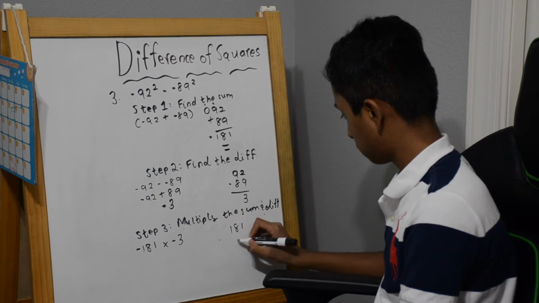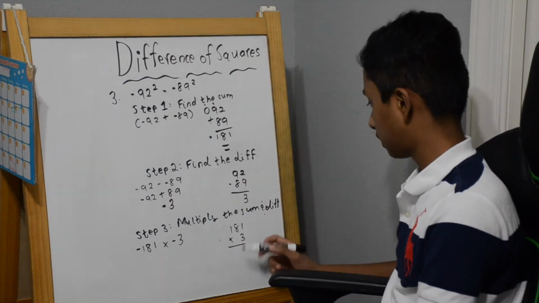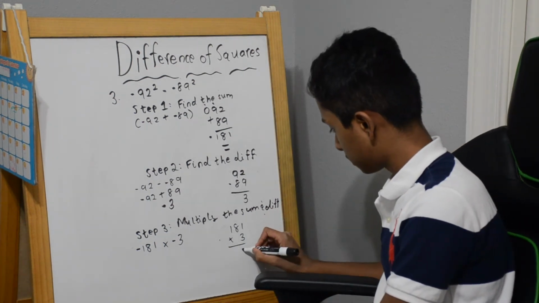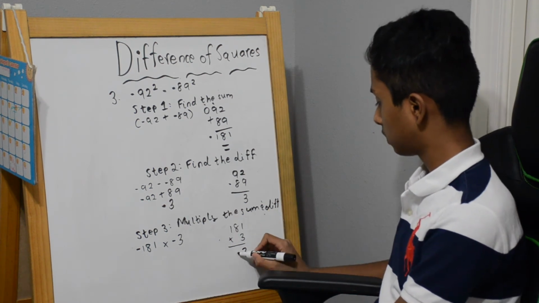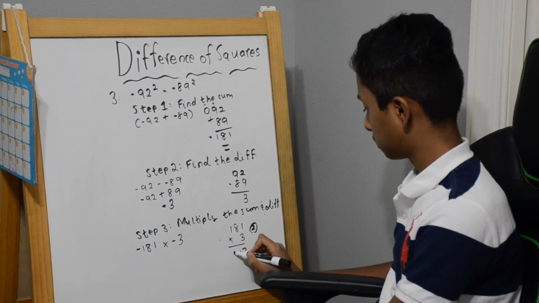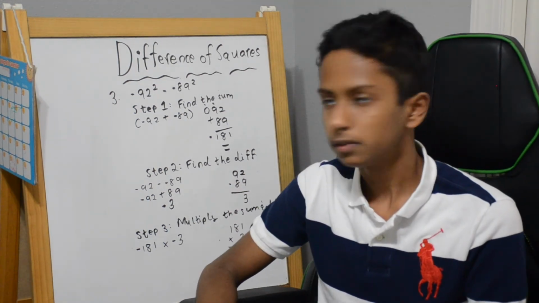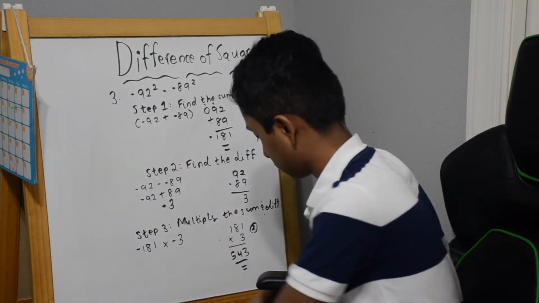So 181 times 3. Do it either way. You can put negatives or you can just put the numbers. 1 times 3 is 3. And 8 times 3 is 24, so 4 with the 2 carry. 3 times 1 is 3 plus 2 is 5. Final answer is 543, and that is example 3.